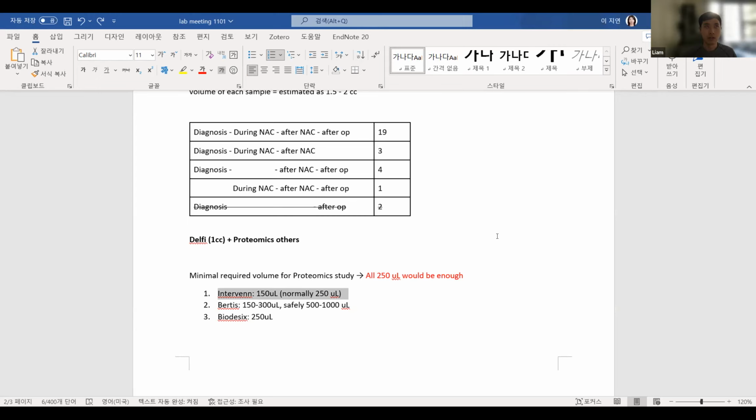How do we charge them then? That's a good question. All the samples are going to be shipped directly from Korea to these labs, I assume.